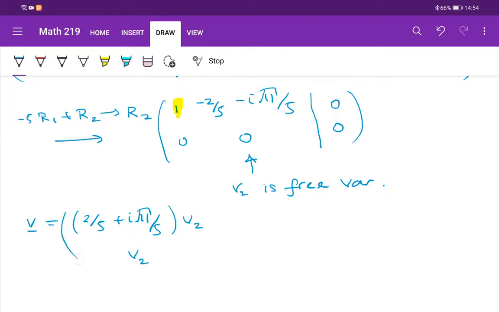So this gives us all eigenvectors. So here v2 is allowed to be any non-zero complex number. In fact, we can take this to be any complex number.